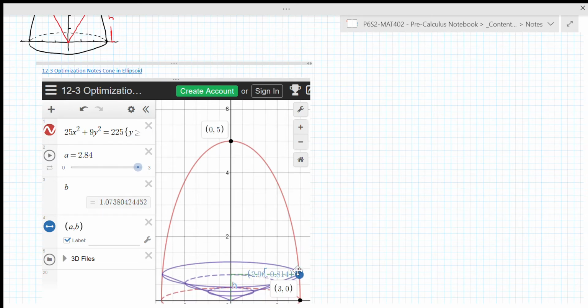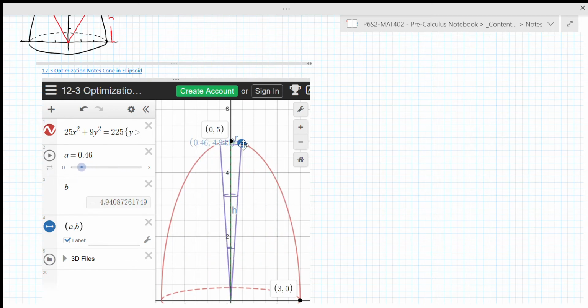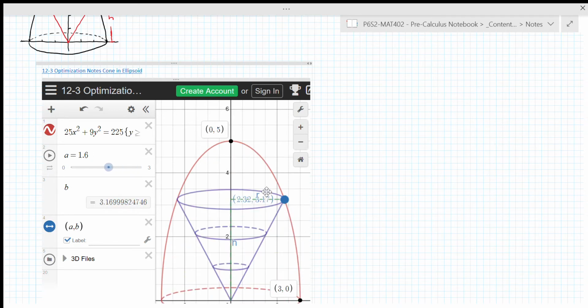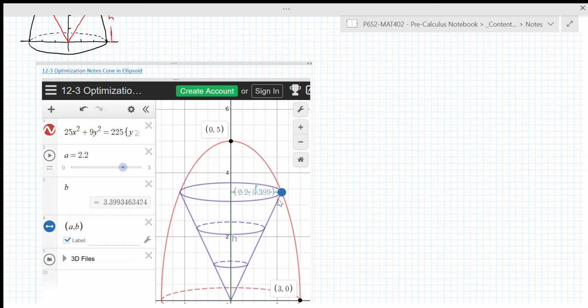So somewhere in here is the biggest one, somewhere between this really skinny one, where there's no radius, it's all just height, and this one down there that has all radius and no height, somewhere in between there is my biggest one that has the largest volume. So we are trying to find that.